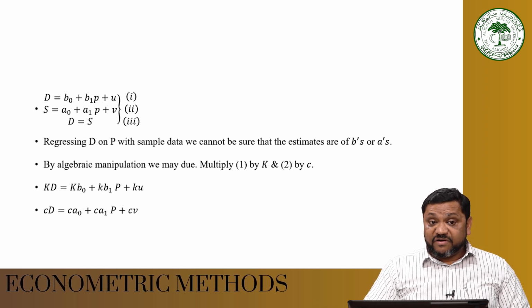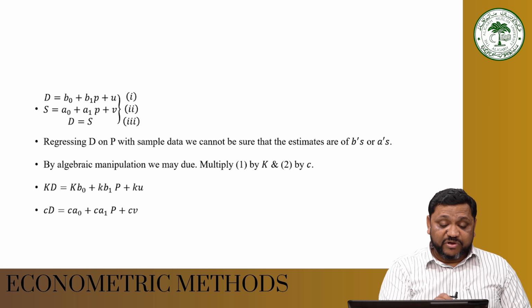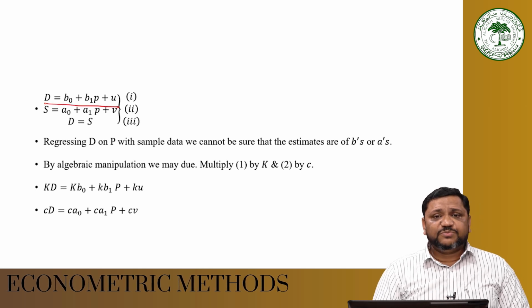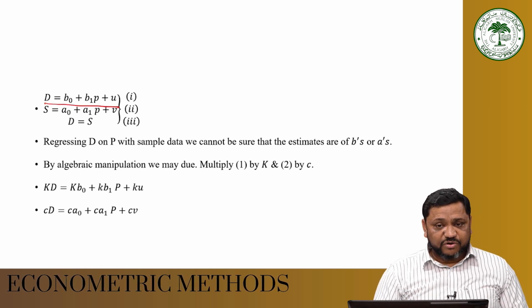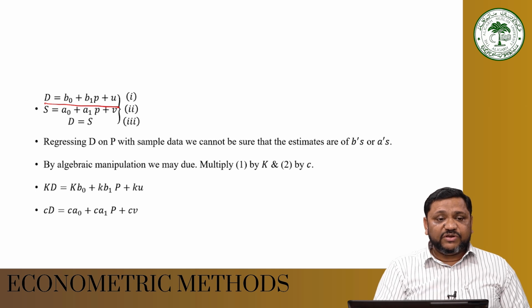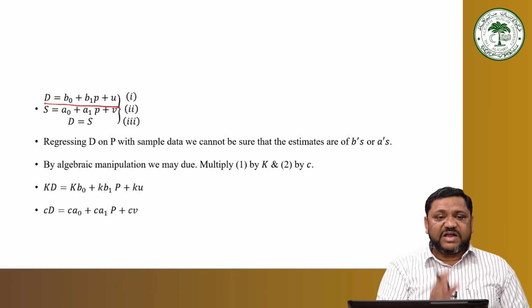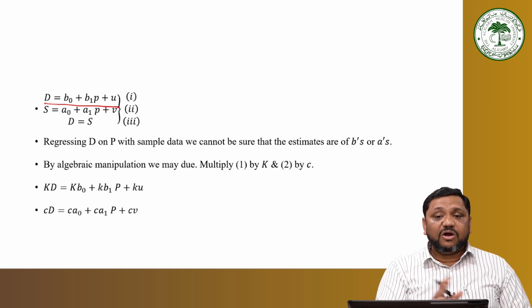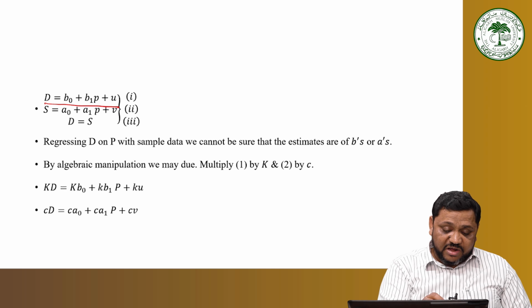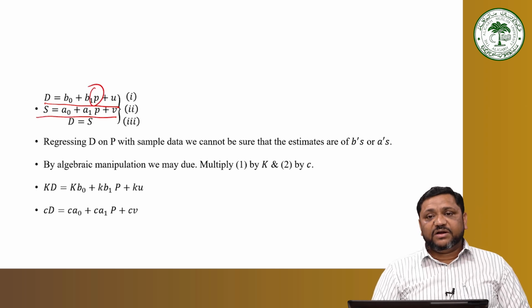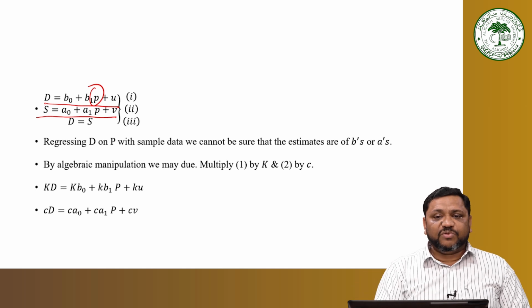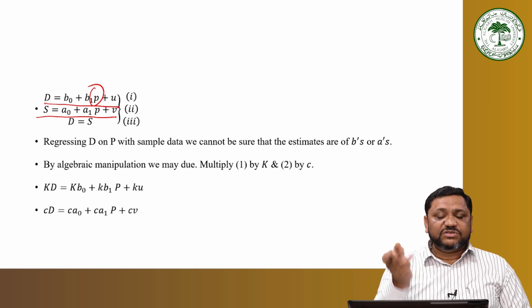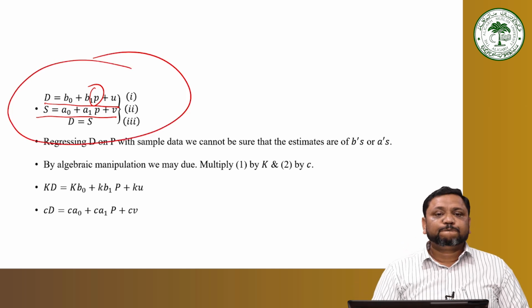We are writing the demand function as B0 plus B1 P plus U, and we need to take care that this demand equation does not have a unique statistical form, and hence its parameters cannot be statistically identified, because the same price is also present in the second equation of supply in the system of equations of the model.